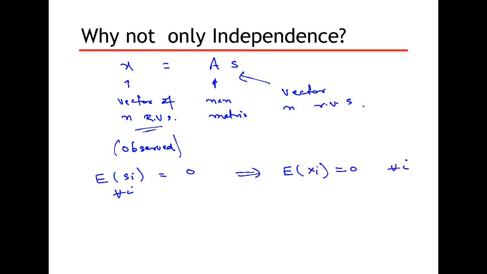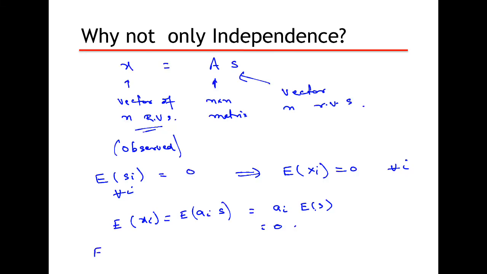And why is this true? You can do it quickly, right? Expectation of Xi is equal to Ai times S, expectation of that, and by linear combination, which is Ai times expectation of S, which is 0, right? Because expectation of S is 0.